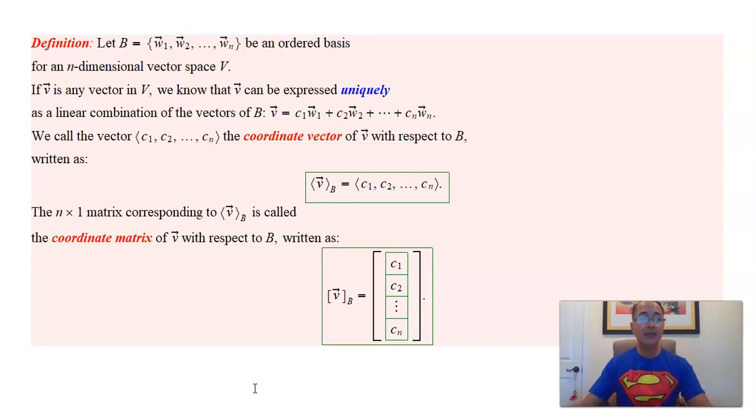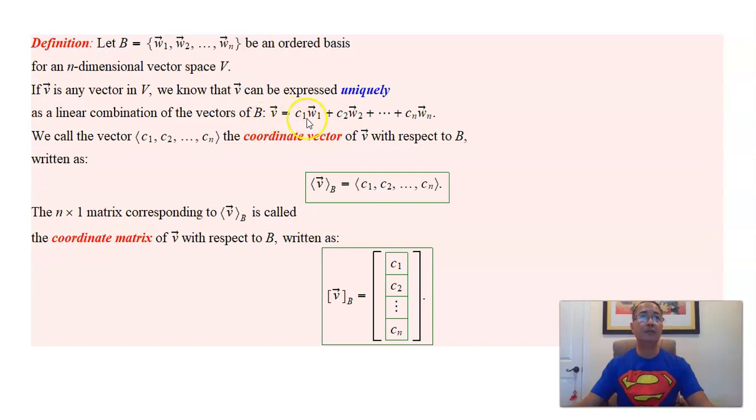We will use the uniqueness of representation property of a basis. So suppose that B, which is made of w1 through wn, is an ordered basis for an n-dimensional vector space V. Suppose that v is any vector in V, then we know that this vector can be expressed uniquely as a linear combination of the vectors w.